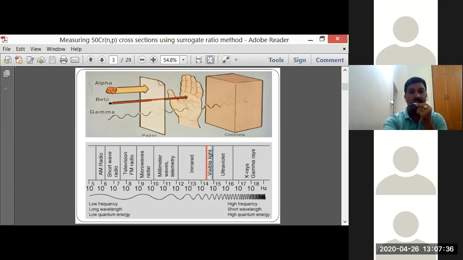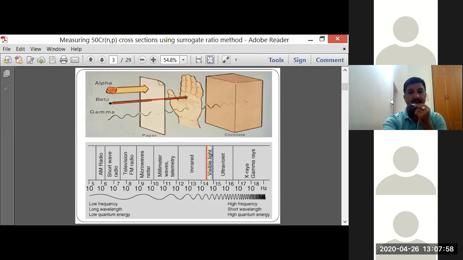But there is a fundamental difference between all these particles. Alpha and beta both correspond to the charged particle community, but alpha is positive and much heavier than the beta particle. Gamma is a massless particle, and a neutron is a chargeless particle.